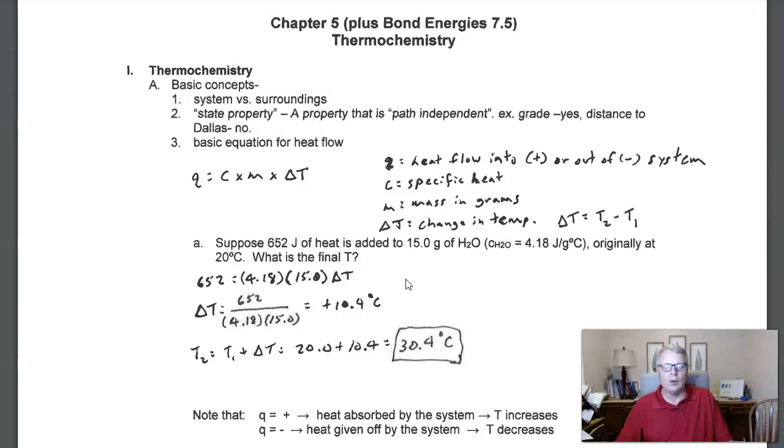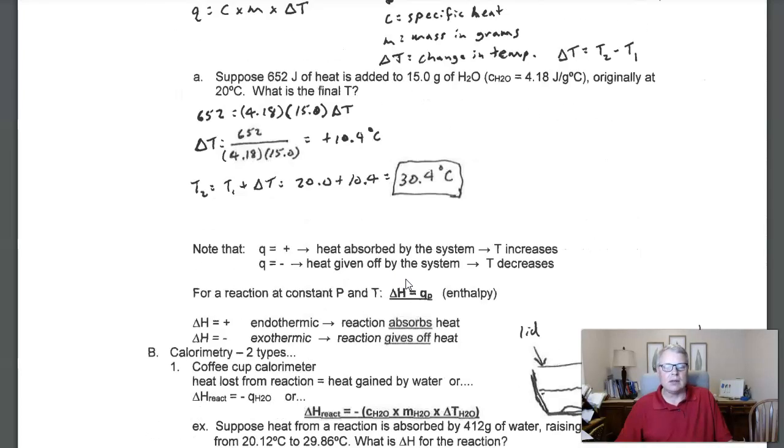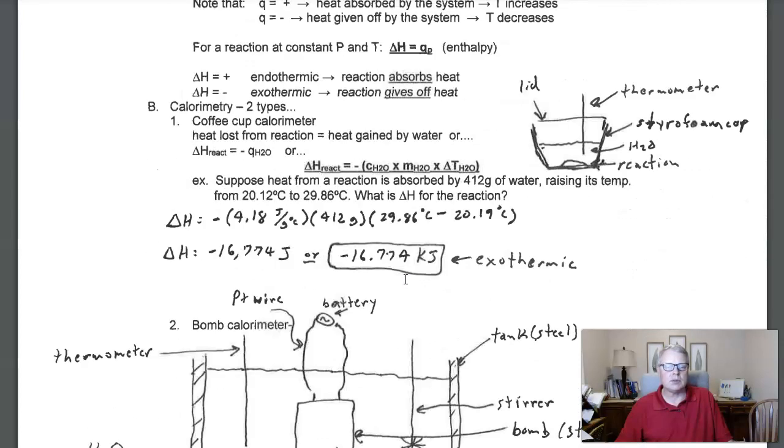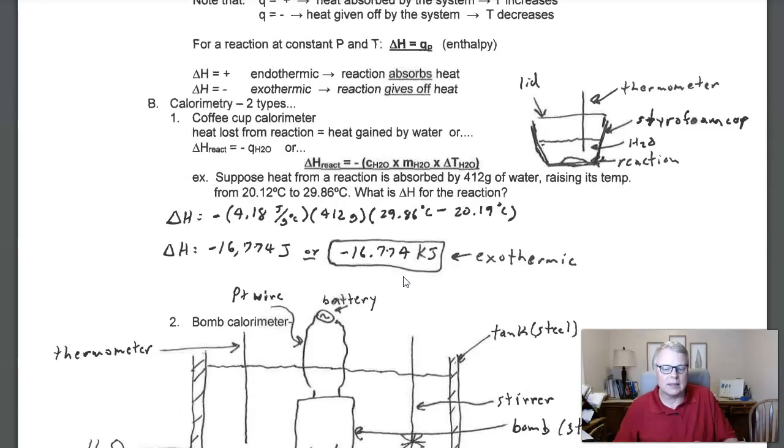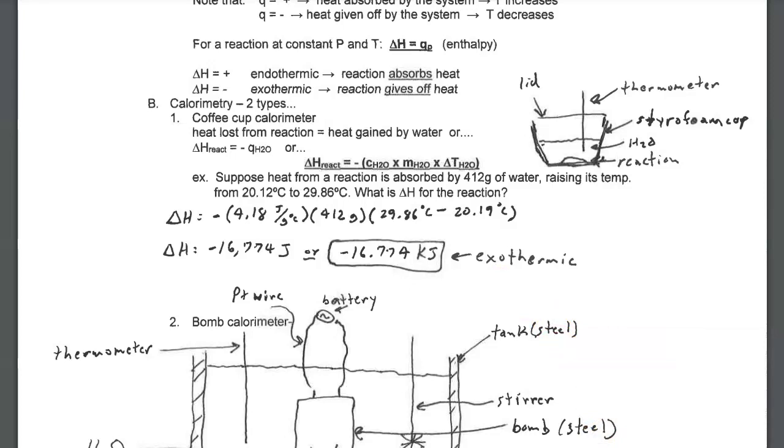Okay. Well, for a reaction at constant pressure and temperature, think about this. Is that a situation you run into very often? Constant pressure and temperature? Yeah, quite a bit. I mean, anything you do out on the lab bench is going to be constant pressure and temperature.